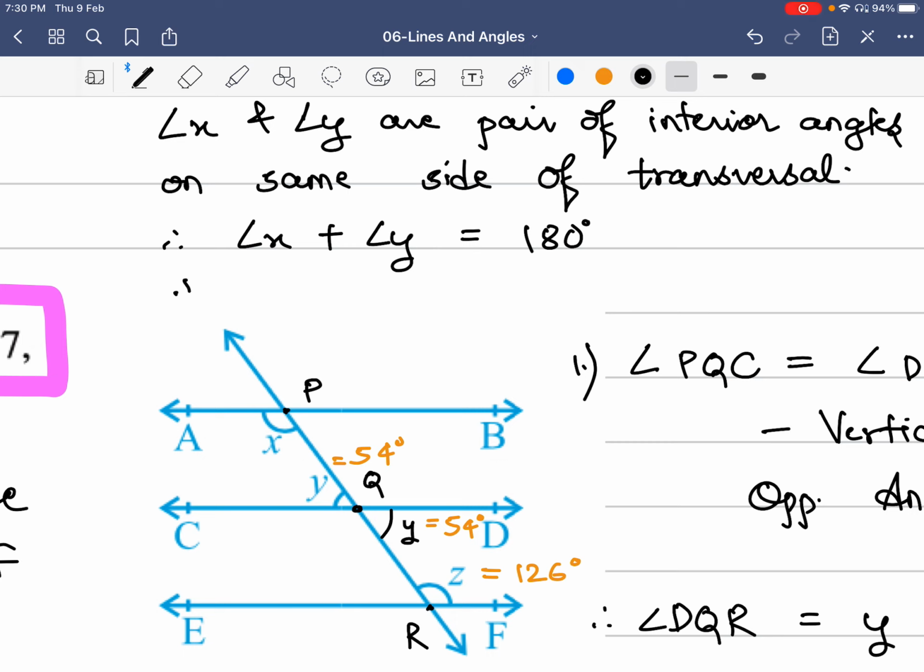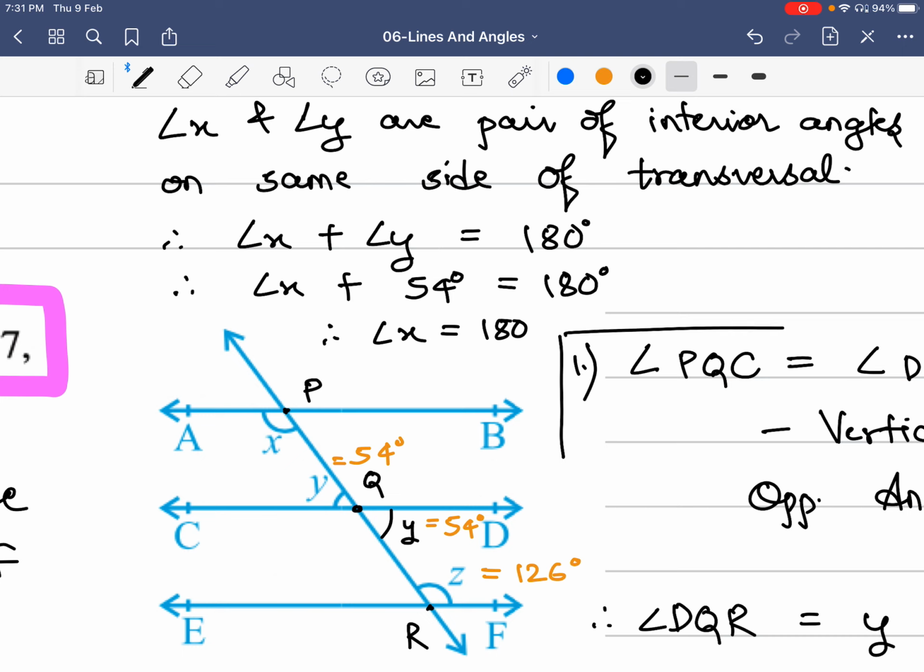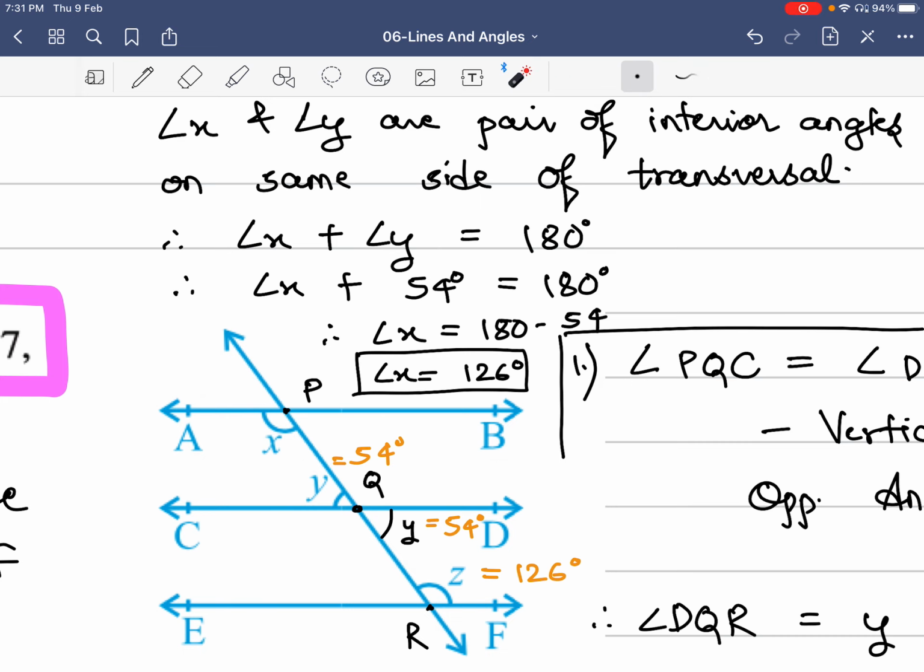Therefore angle X plus Y, which is 54 degrees, will be equal to 180 degrees. And therefore angle X will be 180 minus 54, which is equal to 126 degrees. So this is our value of angle X. Angle X will be equal to 126 degrees, which in fact is equal to angle Z.